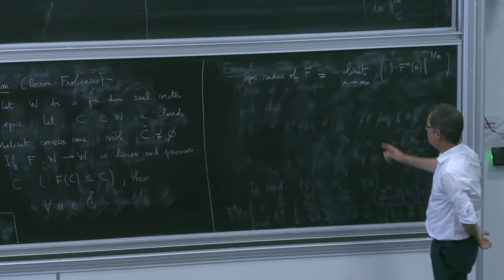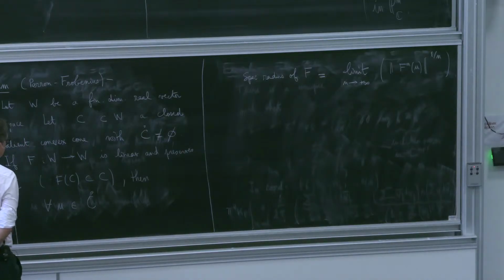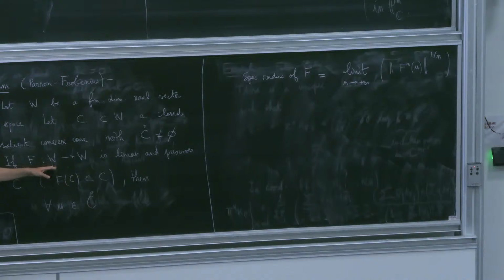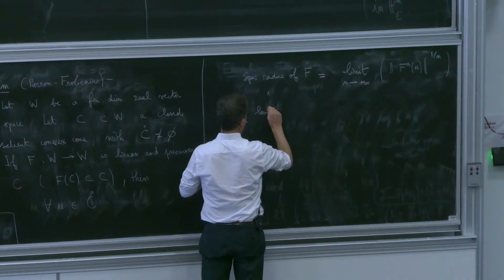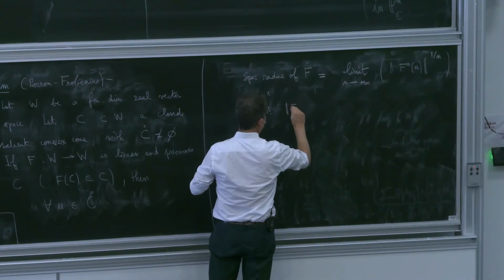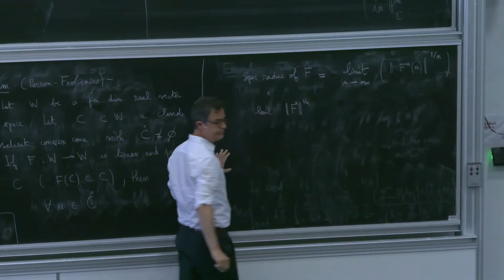Let me comment on that. If you have a linear transformation of a vector space, so you put a norm on the vector space, you can look at the spectral radius. So the spectral radius is the limit of the norm of F as an operator iterated n times, and you take the nth root.